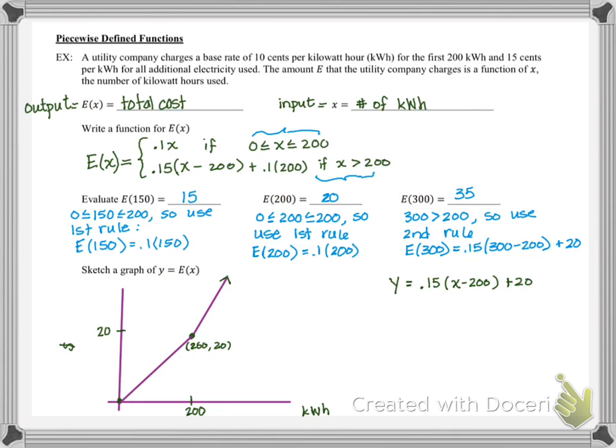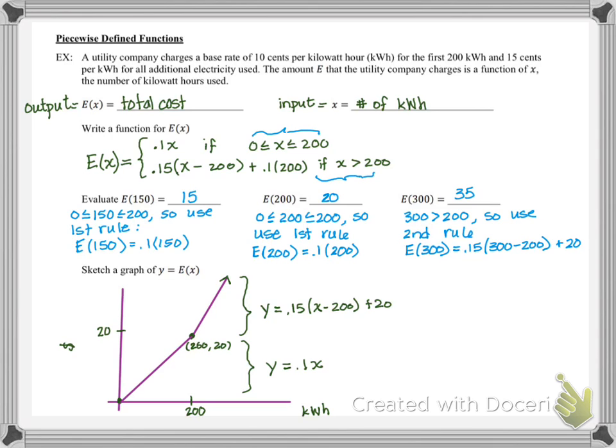So this part of my graph is the graph of y equals 0.1x, and this part of my graph is the graph of y equals 0.15 times x minus 200 plus 20. And again, we weren't super exact with that, but we're going to get into the details of graphing these more perfectly. We just wanted a general sketch.